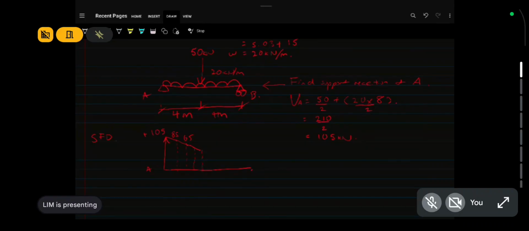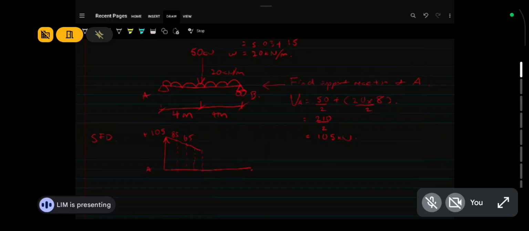What do you think the load in the center will be? When you get to the center, how many meters will you travel? How many meters? 20 times 4. 4, correct.